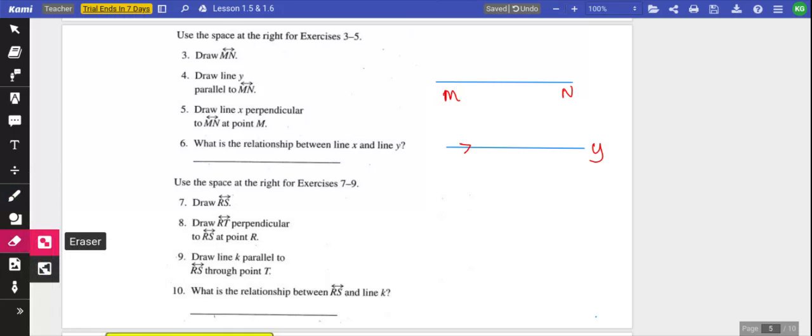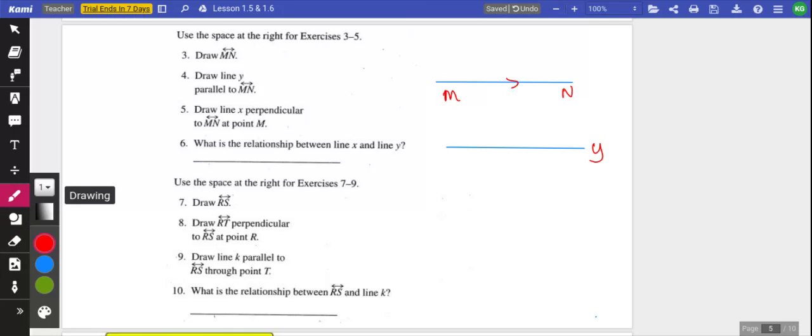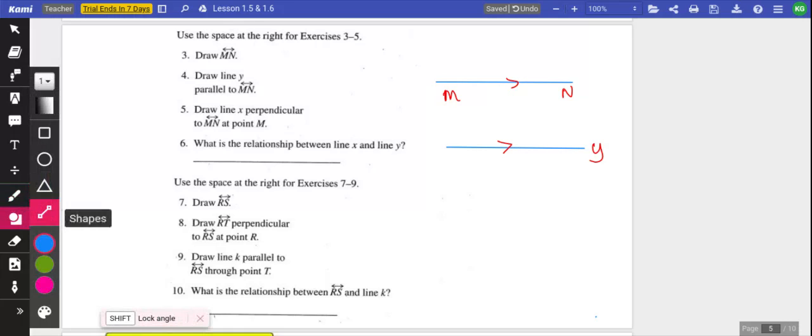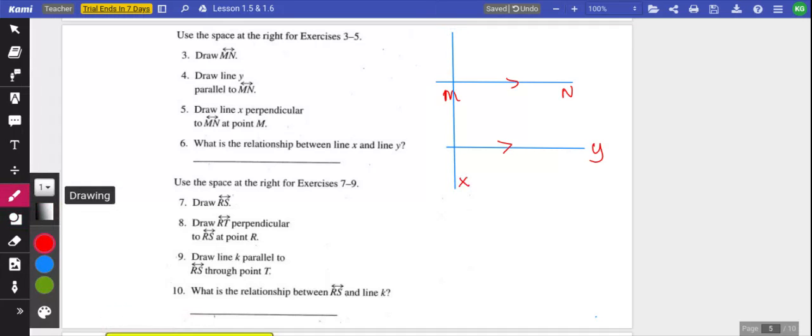I tried to not put it where we'll put the parallel lines over here in the middle. Draw a line X perpendicular to MN at point M. What is the relationship then between line X and line Y? They are perpendicular.